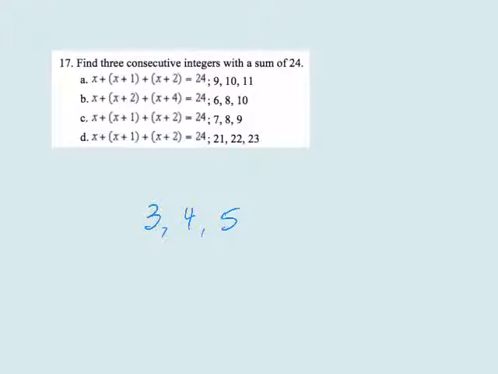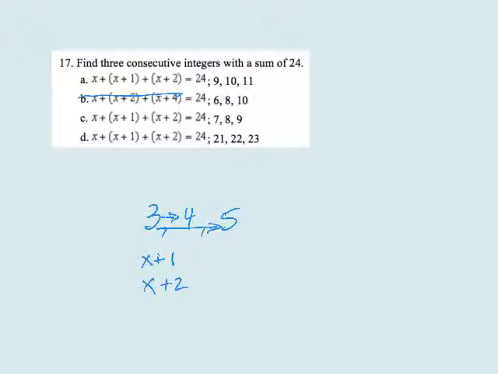What that means is that if my first one, 3, I call x, to get to 4 I would have to add plus 1. And to get from 3 to 5, I would have to do x plus 2. So consecutive numbers rules out letter B, because it's plus 2, plus 4. That doesn't make any sense.